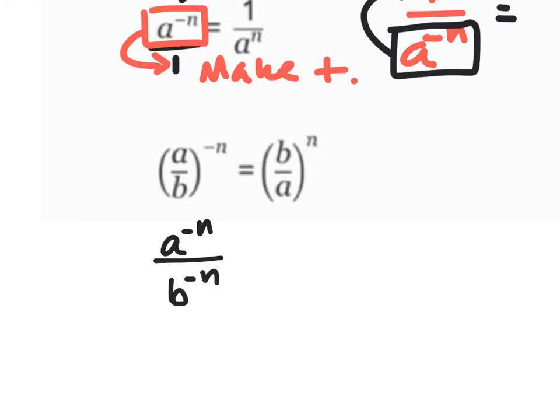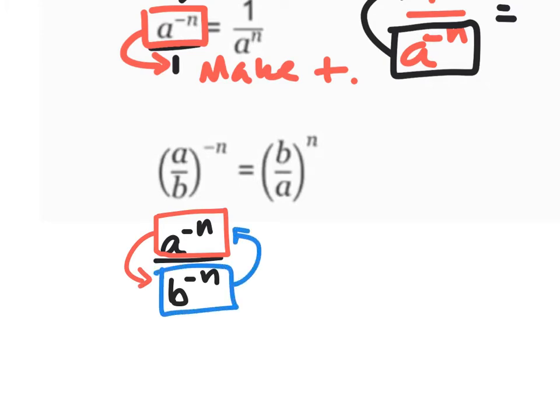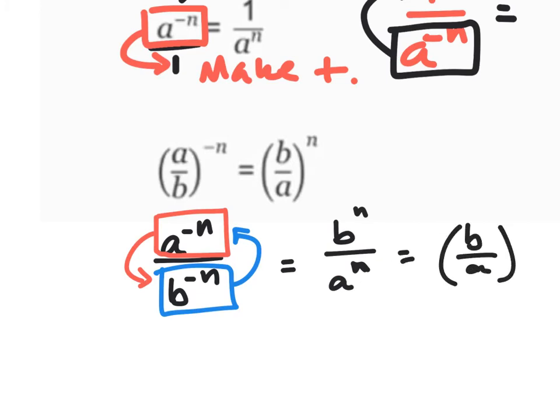Now, I'm going to take my top part, move it down below, take my bottom part, move it up, and make them positive. That gives me b to the n over a to the n. Now, if I have a numerator and denominator both raised to the same power, I can just take that fraction, b over a, and raise it to the nth power.